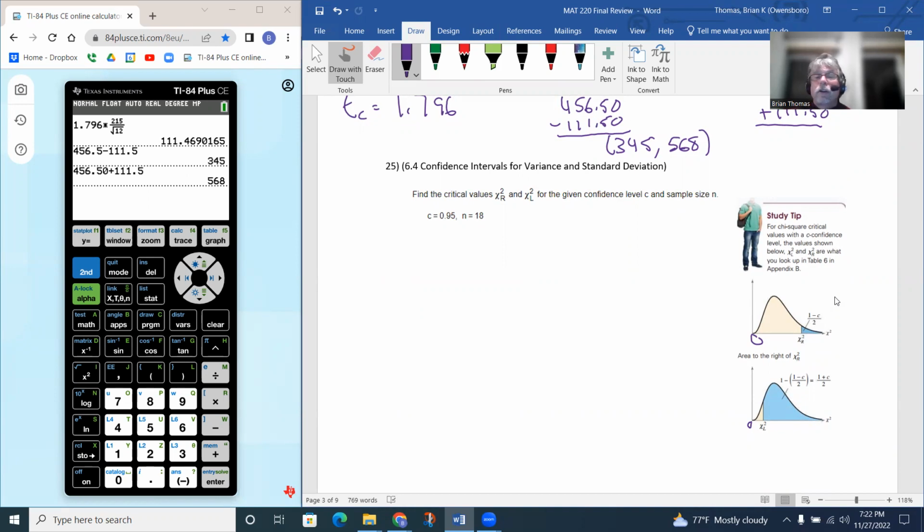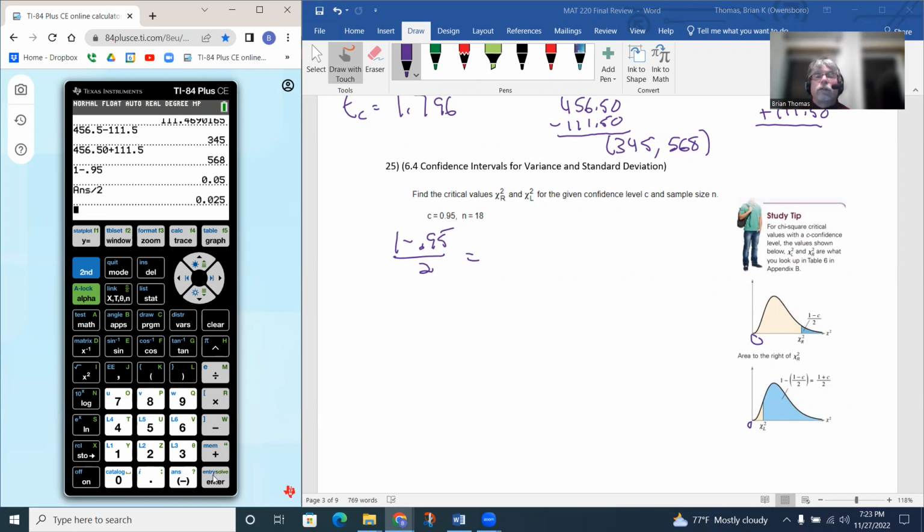So c is the level of confidence. So if we go 1 minus 0.95 and divide that by 2, that'll give us 0.025.